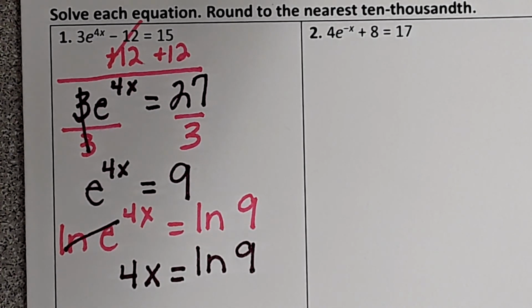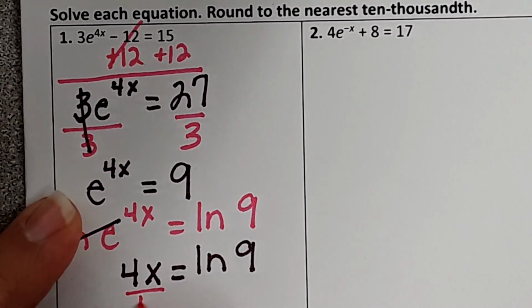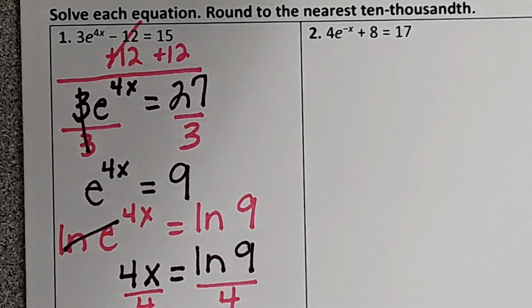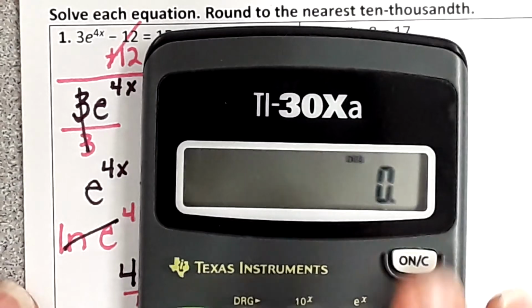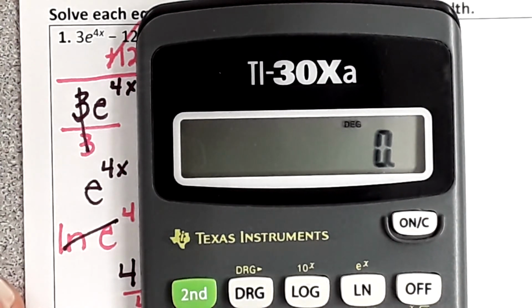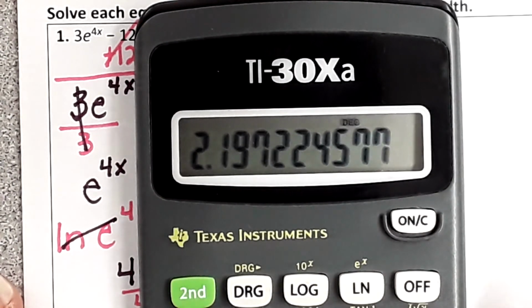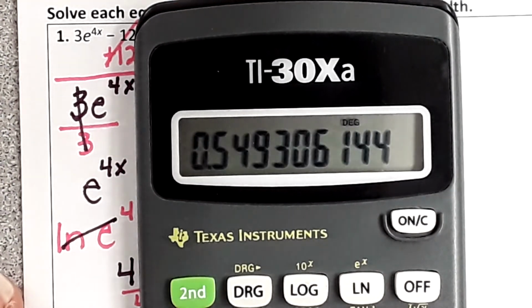Now, besides the ln, it looks like an equation we've done before. So what would you do? Divide by 4. And this is where your calculator is going to come in handy. I'm going to do it first with this calculator. On this calculator, you're going to type in 9 and then ln, then divide by 4.